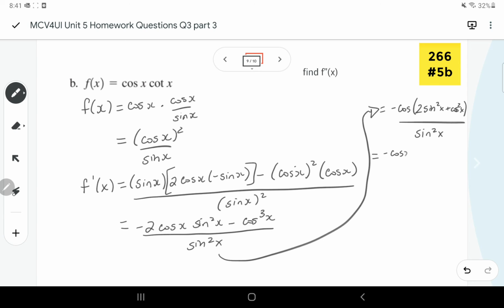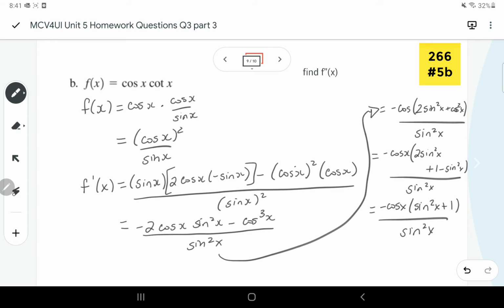So negative cos x times 2 sine squared x plus 1 minus sine squared x over sine squared x. So negative cos x times sine squared x plus 1 over sine squared x.